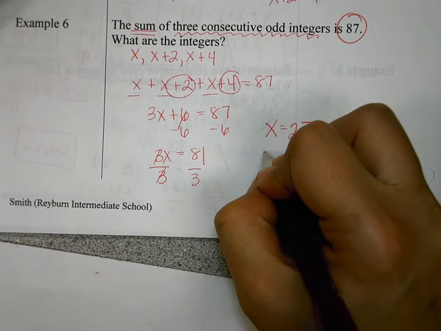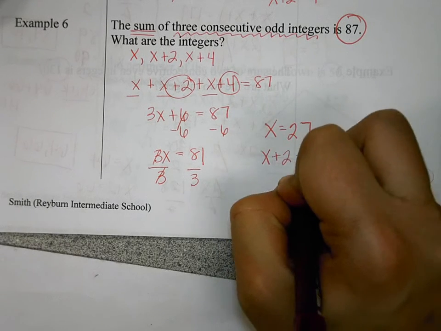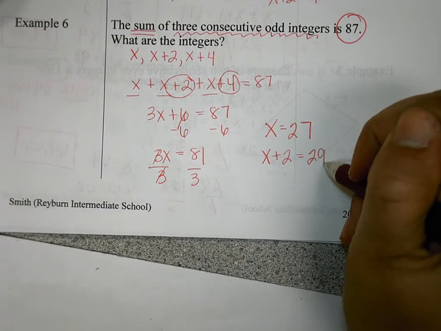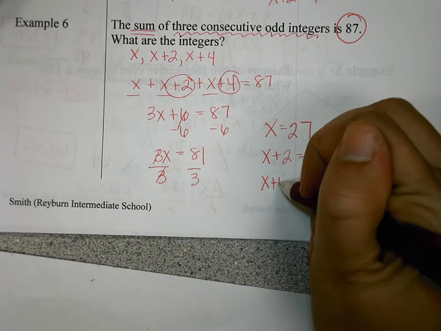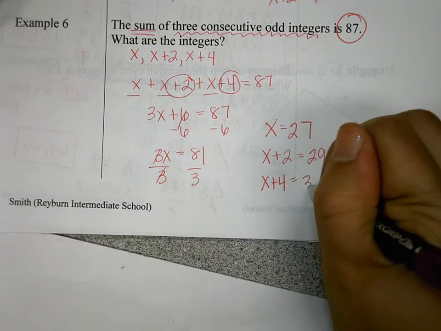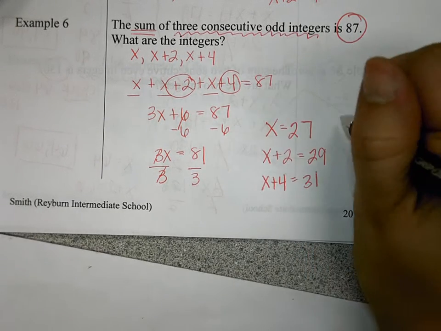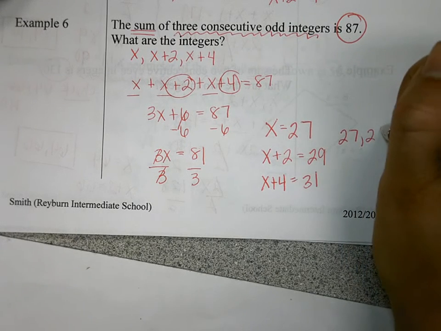So then my next odd integer, x plus 2, 27 plus 2 gives me 29. And x plus 4, 27 plus 4 gives me 31. So my answer is 27, 29, 31.